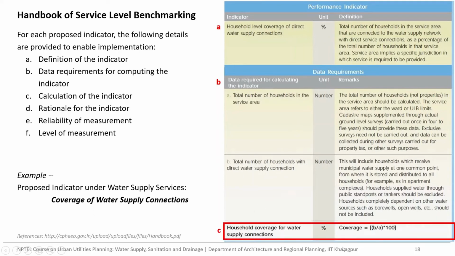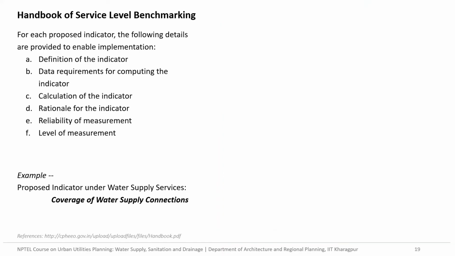And then this is the formula for calculating the indicator. Household coverage for water supply connections as a percentage will be B, which is the total number of households with direct water supply connection, divided by A, total number of households in the service area, times 100. So say for a particular urban local body, it comes out to be 78% when they've calculated.